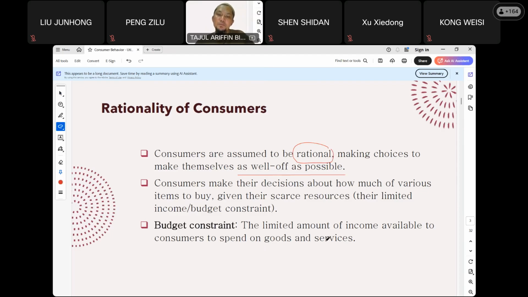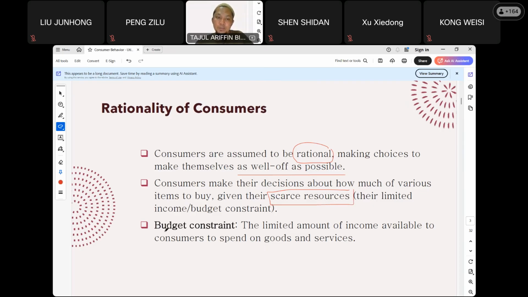In doing so, they have to make a lot of decisions, because every one of us is limited by budget. We have limited resources to fulfill our unlimited wants, or unlimited demands.